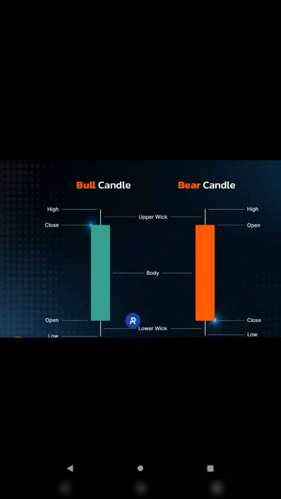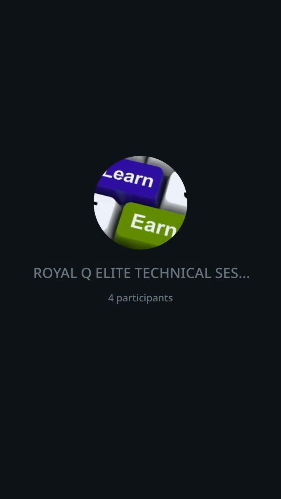And then when you come to the bottom part of the candle, it is called the lower wick. So the components of the candlestick, we have the high, the close, the body of the candle, the open, and then the low of the candlestick. So capture that.